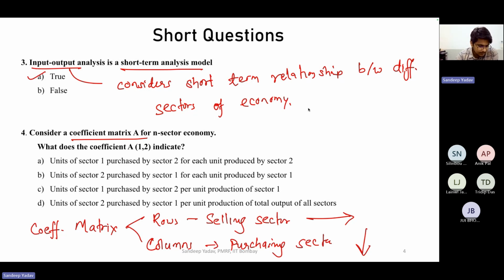Thus in this question A12 indicates the units of sector 1 purchased by sector 2 for each unit produced by sector 2. So option number 1 will be the right option. I hope this is clear.